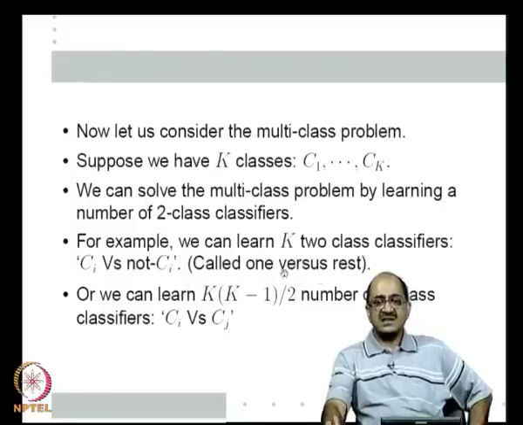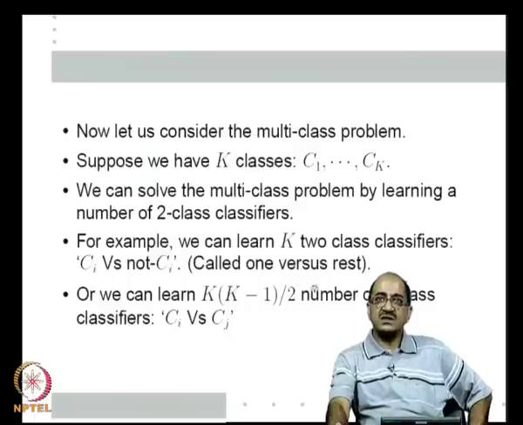So, these are essentially the 2 main ways of using an algorithm that can learn a 2 class classifier to classify K classes. There are others, but these are the main ones. However, there are issues with both of these. We'll look at some problems.